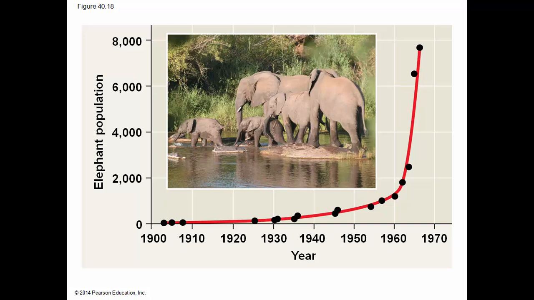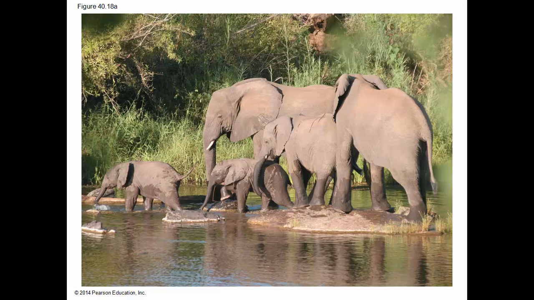Okay, so once hunting was taken out of the equation as a limiting factor, elephants were only challenged by the amount of food that they could eat, because there aren't really many other predators of elephants besides humans, considering how large they are.